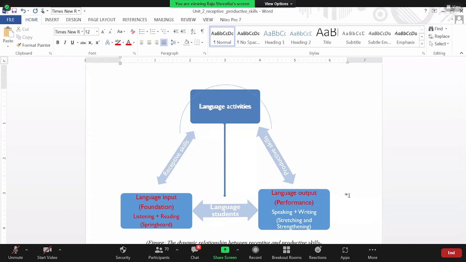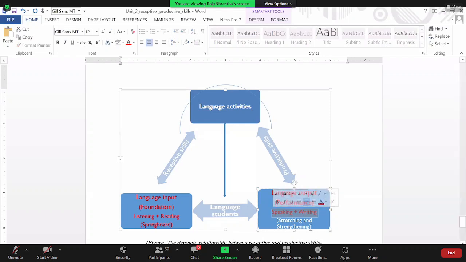So when we speak and when we write, something will be visible or audible outside to other speakers, other people, participants. Then they are output. So when we try to elaborate, expand, stretch, strengthen, when we make learning go on expanding, then listening and reading go on receiving language input.